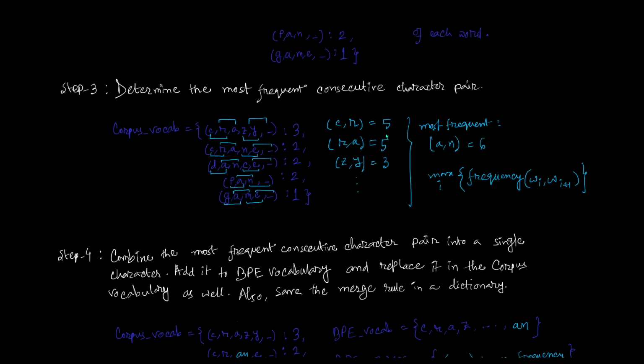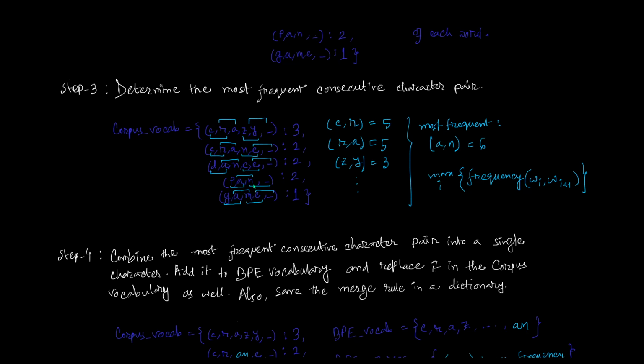So in this way, after getting all the counts for consecutive pairs, we will determine which consecutive pair has got the most count, meaning which is the most frequently occurring letter pair in our corpus. In this case, we will see that AN is the most frequent.